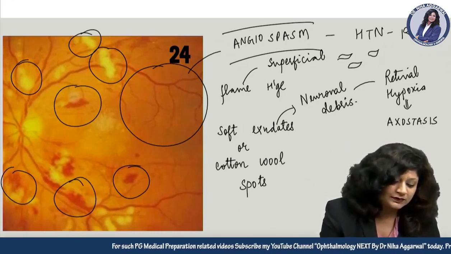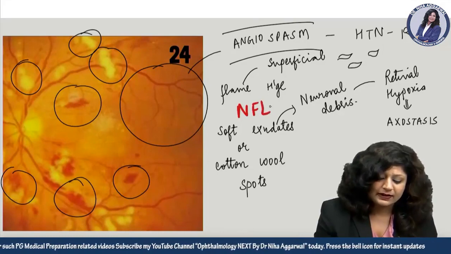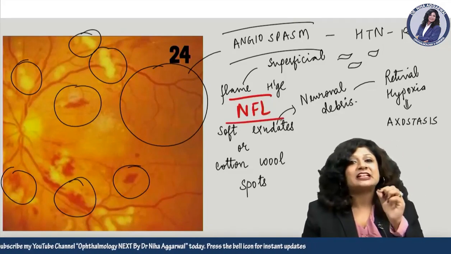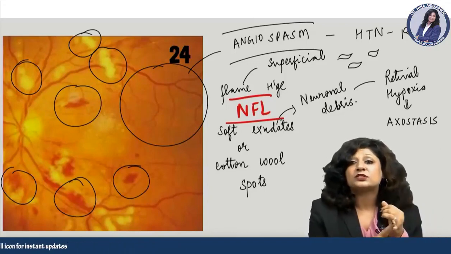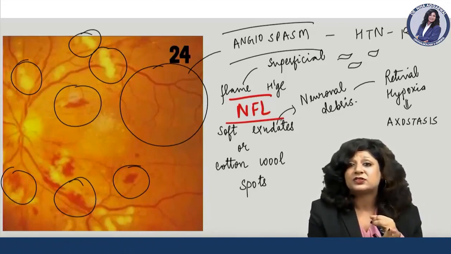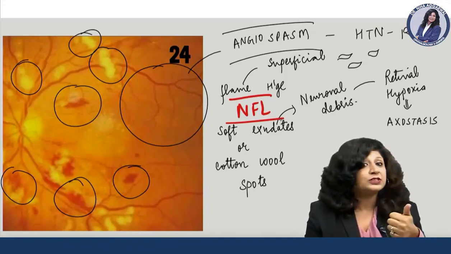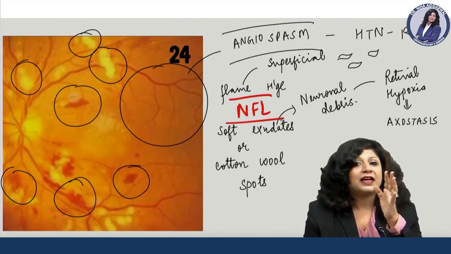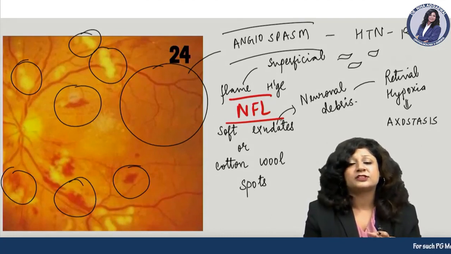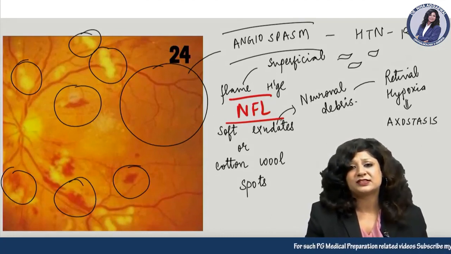Now what is this superficial layer? The nerve fiber layer. Believe me, every single word that I have written on this page is an MCQ. Angiospasm, superficial hemorrhages, soft exudates, cotton wool spots, they are neuronal debris, they are found in the nerve fiber layer, they occur due to retinal hypoxia, which is leading to axostasis.